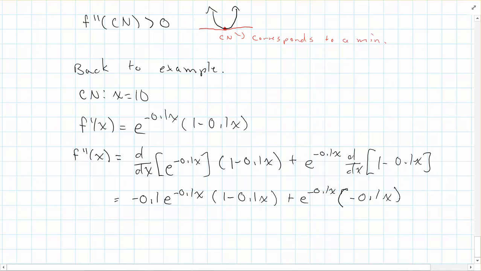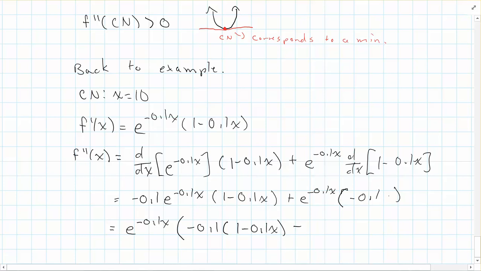Okay, so let's go ahead. I'm going to factor out the e to the negative 0.1x here. So we'd have negative 0.1 times 1 minus 0.1x minus, and actually I realized I wrote something wrong here. The derivative of 1 minus 0.1x is just negative 0.1.